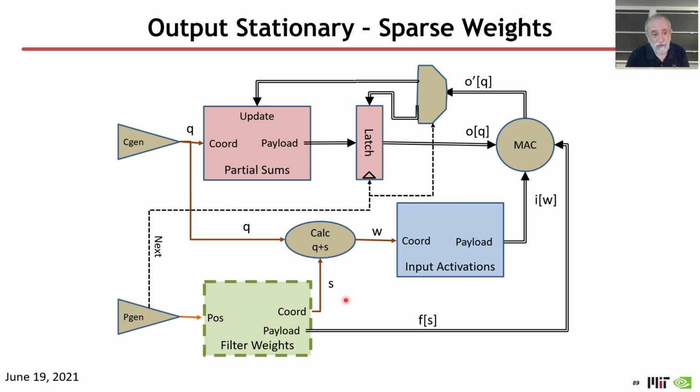Given the coordinates of both the filter and the output, I can calculate the coordinate of the input that I want. Because this is an uncompressed representation, I take in the coordinate, I generate a payload, which is the input activation I want. I do my multiply, accumulate, contributing, and I have some control lines here indicating when you have finished a partial sum and move on to the next one.